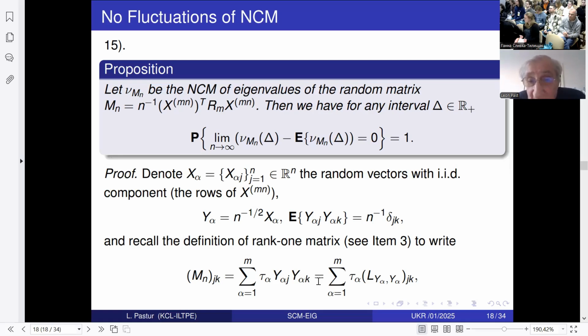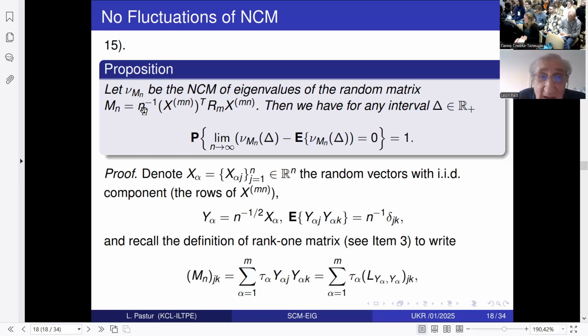Or if you remind yourself of the definition of a rank 1 matrix, you can treat this product, the matrix elements, as the entry of the rank 1 matrix determined by y. Yes, it's important.